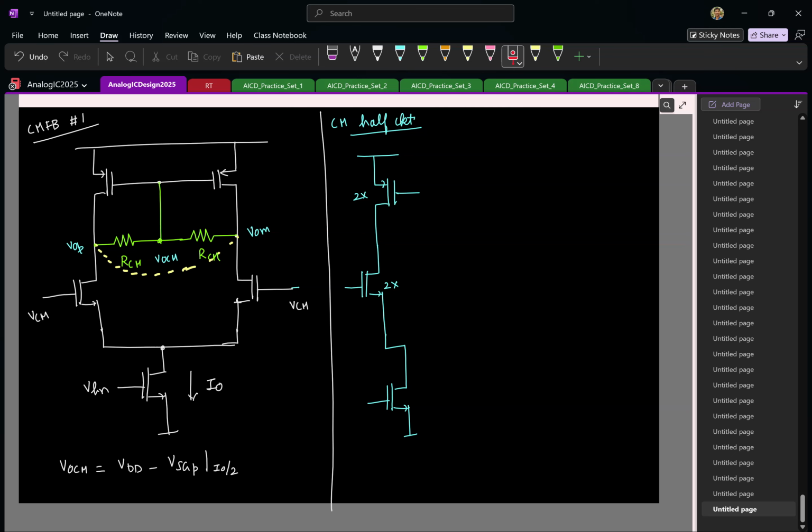Now what happens to the resistors? They are also getting put in parallel. So from here I have the resistor value RCM by 2. One end of the resistor is connected to the drain, the other end is connected to the gate like this.